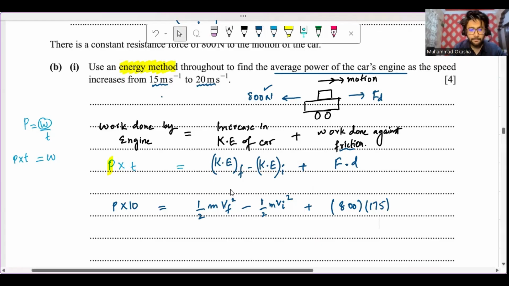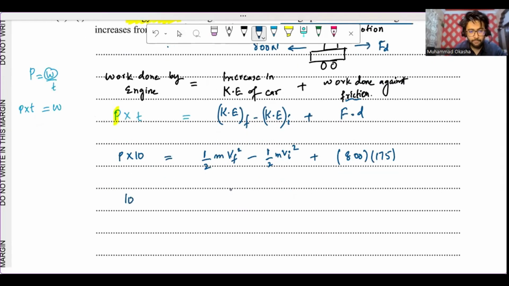So this is going to be 10P. If I take half m common from both, or you can just put in the numbers directly, I prefer my things simplified. So, half m times (v squared minus u squared), if that's what you're familiar with, plus 800 times 175, that's going to be 140,000.